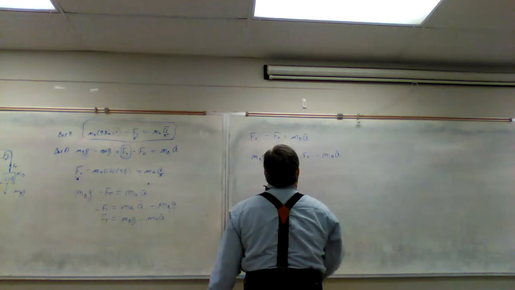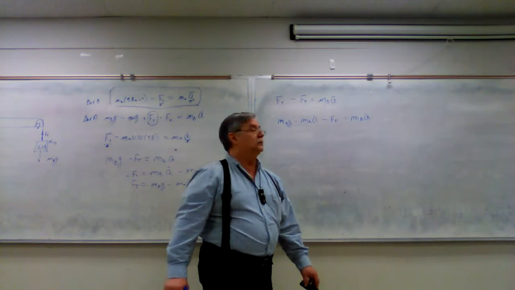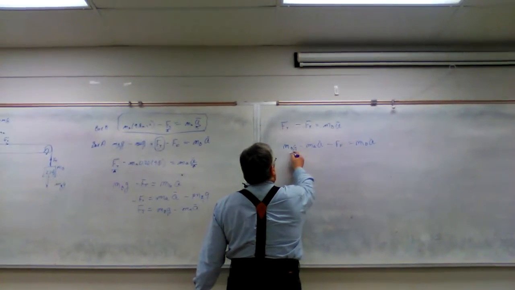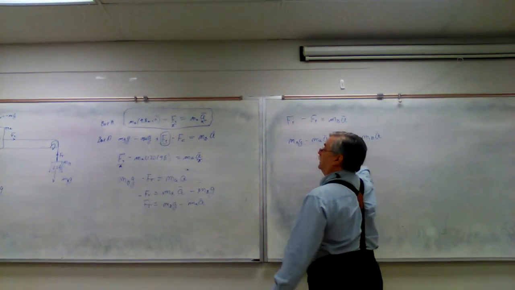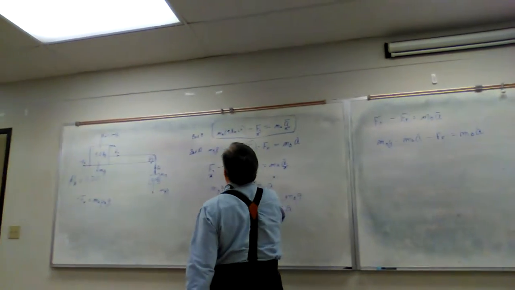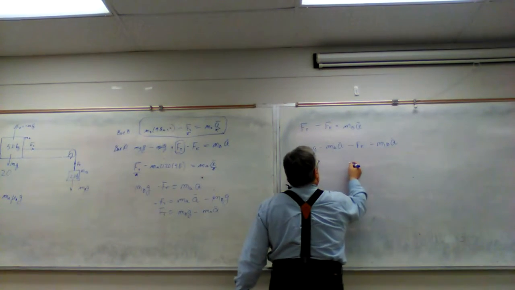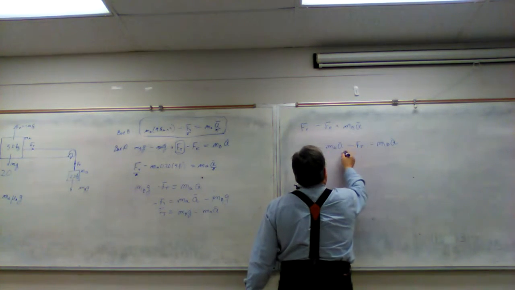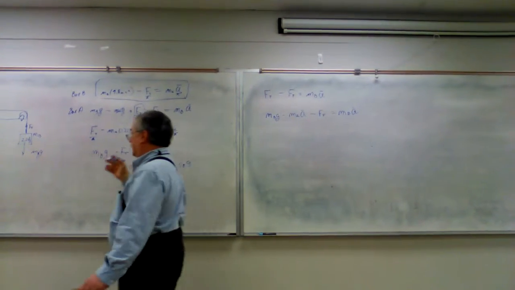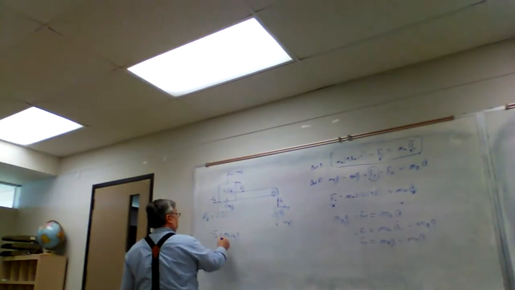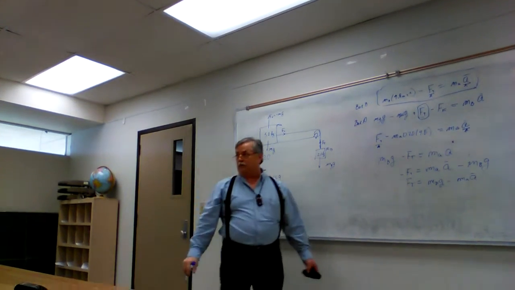Now, the only thing in this equation that we don't know is A, right? We know both of the masses, we know gravity, and we know the force of friction in terms of gravity and mass A, because we know mu sub k. So let's solve this in terms of A. Does everyone understand? We've got the force of friction is just mass A times mu sub k times G. These are all known numbers.